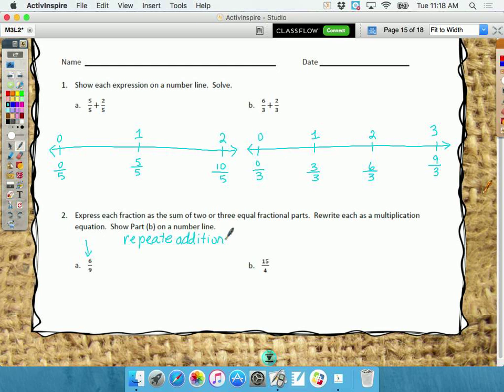And then I want you to rewrite each as a multiplication equation. So the 6 will be the repeated part. Then you rewrite it as multiplication. It's just like on the bottom of the front, and I'm going to let you cross off show part B on the number line. Okay, so are there any questions about your assignment? When you're finished, you can work on lesson 2.